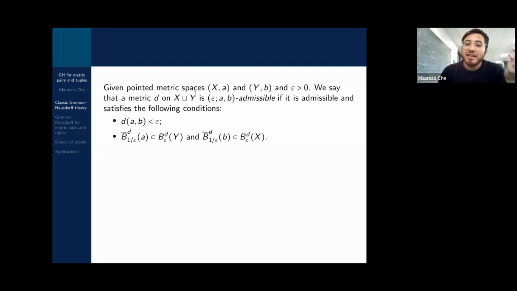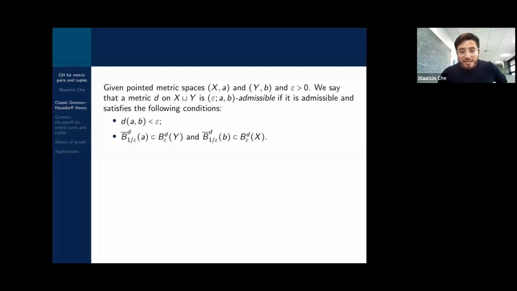So now we again look at the disjoint union of the spaces, but now we talk about epsilon-A-B admissible metrics on the disjoint union, which are basically admissible distance functions on the disjoint union, such that they satisfy these two conditions. The distance between A and B is less than epsilon, and a large ball around A is contained in a small neighborhood of Y, and the same with B and X.